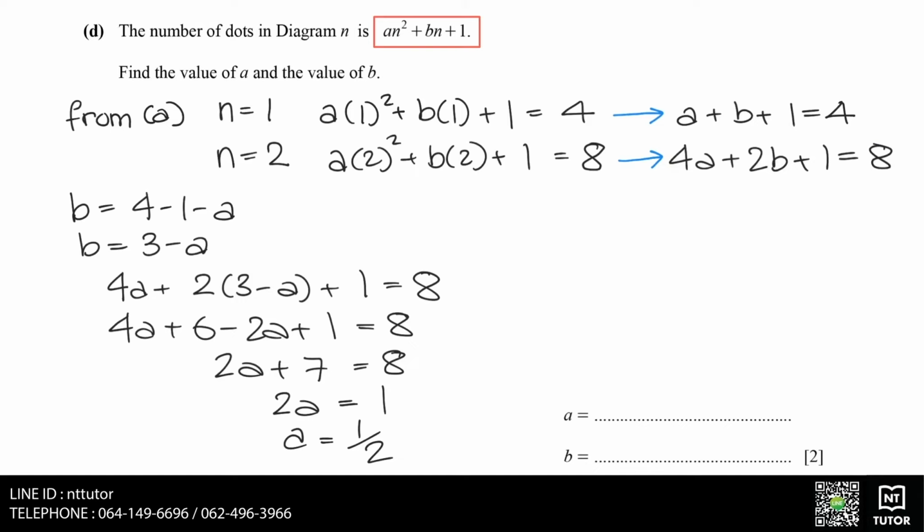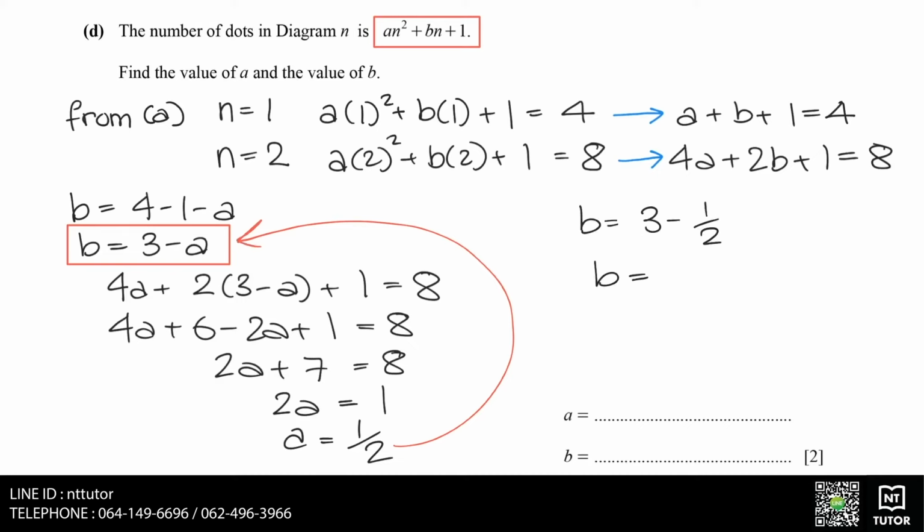And once we have the value of a, we can substitute it back to find the value of b. So now we have a equals a half and b equals 5 over 2.